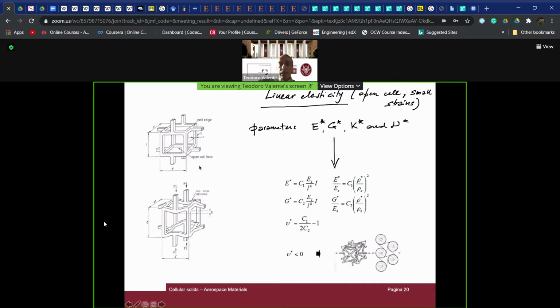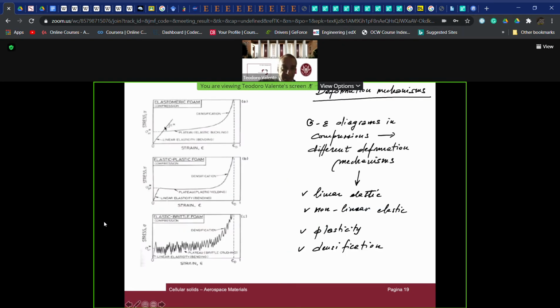Now, let's have a look at the cases we have discussed here. Essentially, the first case is the case in which we have linear elasticity and then buckling, and the second case is the one in which we have linear elasticity and then yielding of the materials.